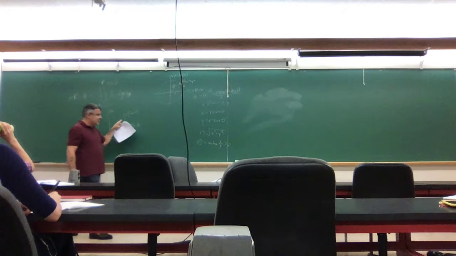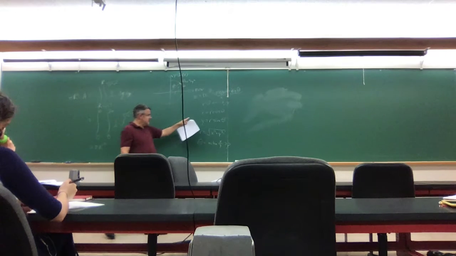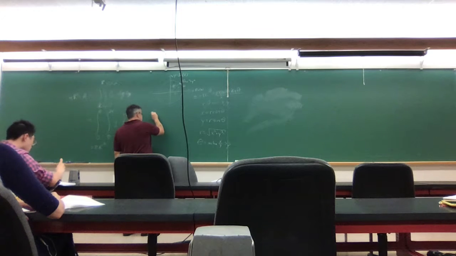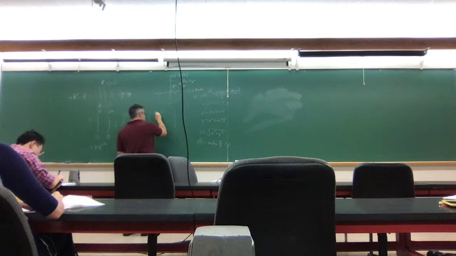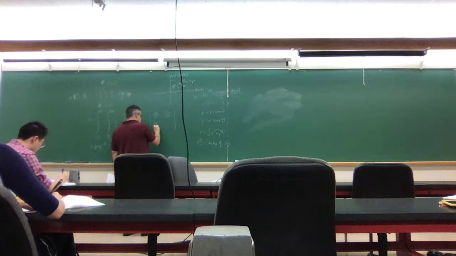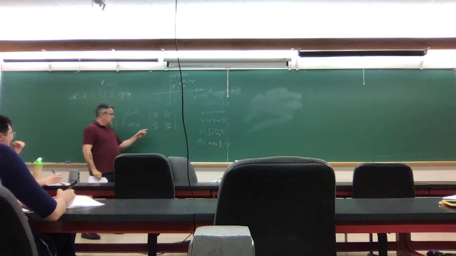Okay, so what do I mean by the Jacobian of the transformation matrix? The Jacobian matrix is a matrix built out of partial derivatives. So dx/dr, dy/dr, dx/d theta, dy/d theta.